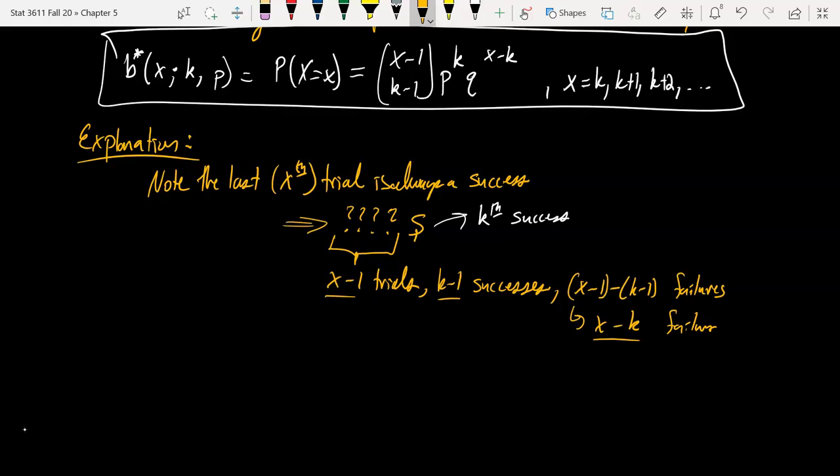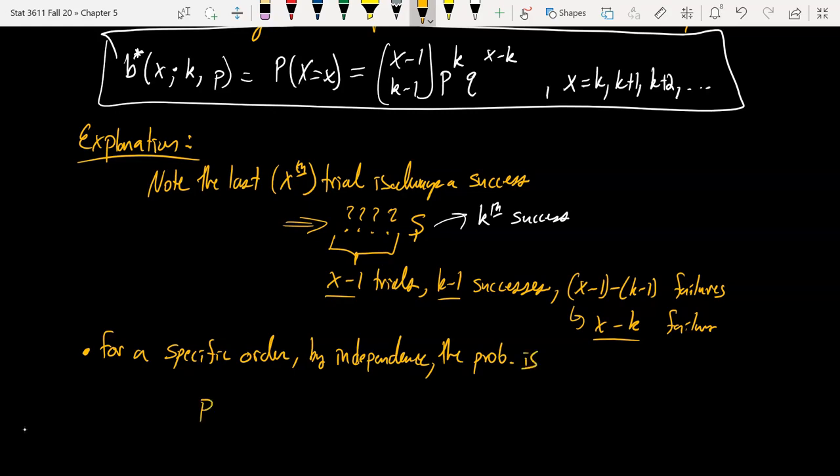So here we go. We can start to see where these terms come from. Let's take a specific order of k successes and x minus k failures. Remember, this is still like a binomial experiment. All the trials are independent. So by independence, we can calculate the probability of a specific ordering of these successes and failures.